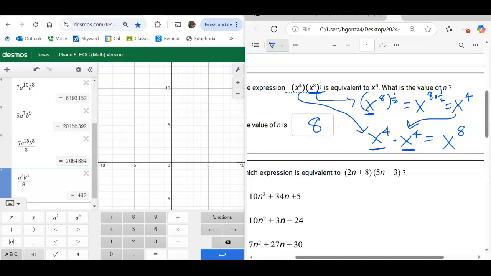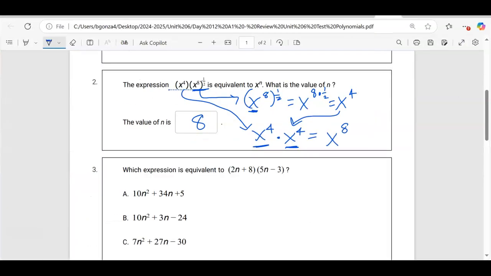So the value of n, if it's x to the n power, well, x to the n equals x to the 8. So n equals 8. That's how I get this number, okay? So again, whatever power is to a power, you multiply it, and then if there's two different bases, you add them together, okay?